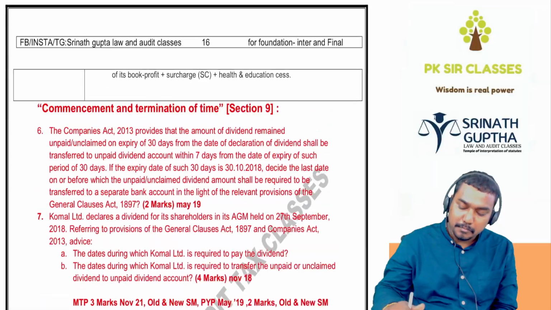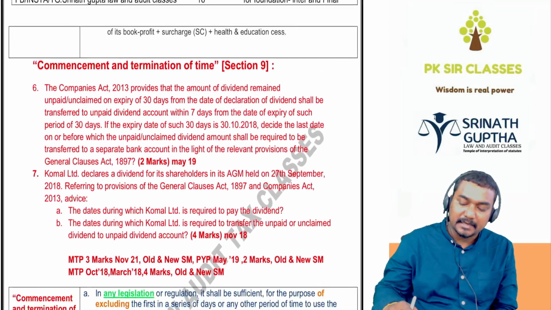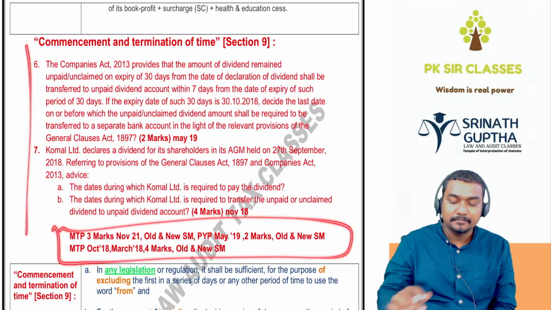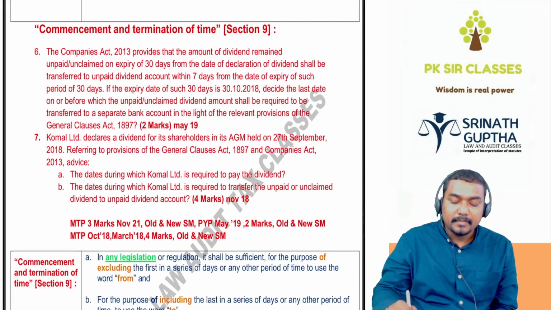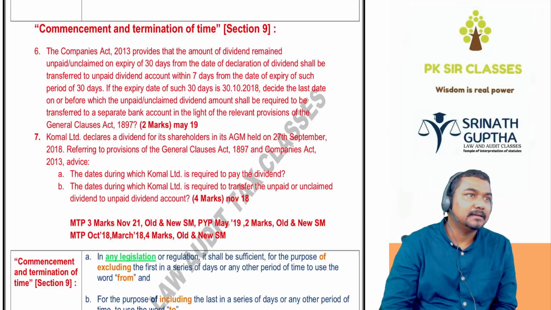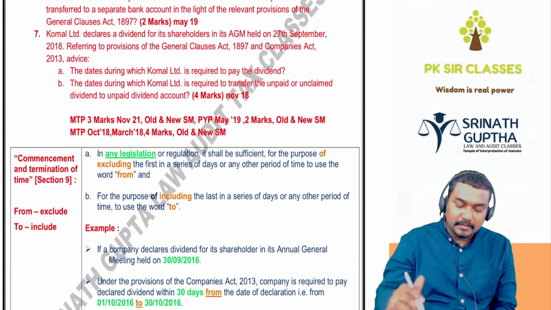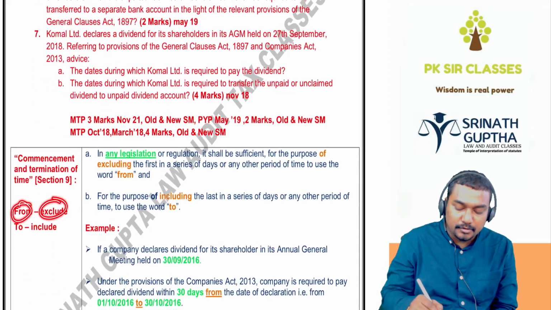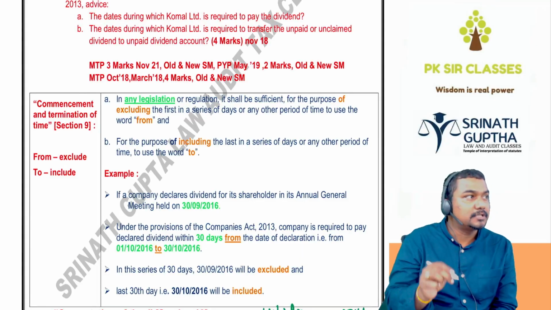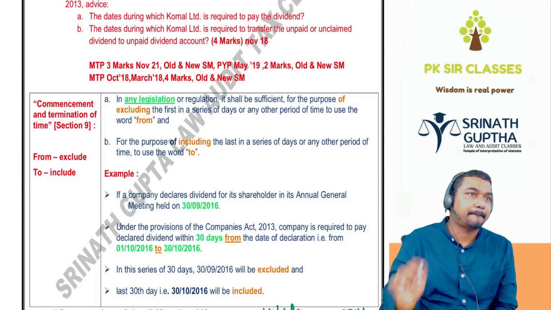Next, section 9. Commencement and termination of time. Asked so many times in the exam, very, very important. If any act specifies any duration, how do we calculate it? From date should be excluded, to date should be included. For example, a company has to distribute dividend within 30 days of declaration.